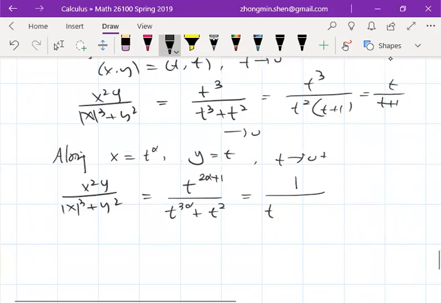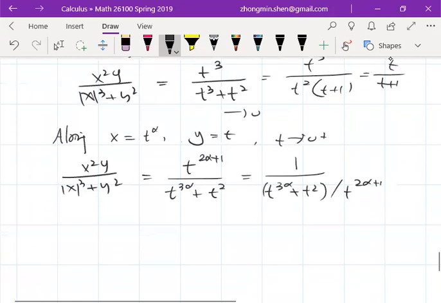So here it's going to be 3 alpha plus t squared divided by t to the alpha plus 1. I'm trying to get non-zero. That's the whole point. So it's going to be t to the alpha minus 1 plus t to the 1 minus 2 alpha.